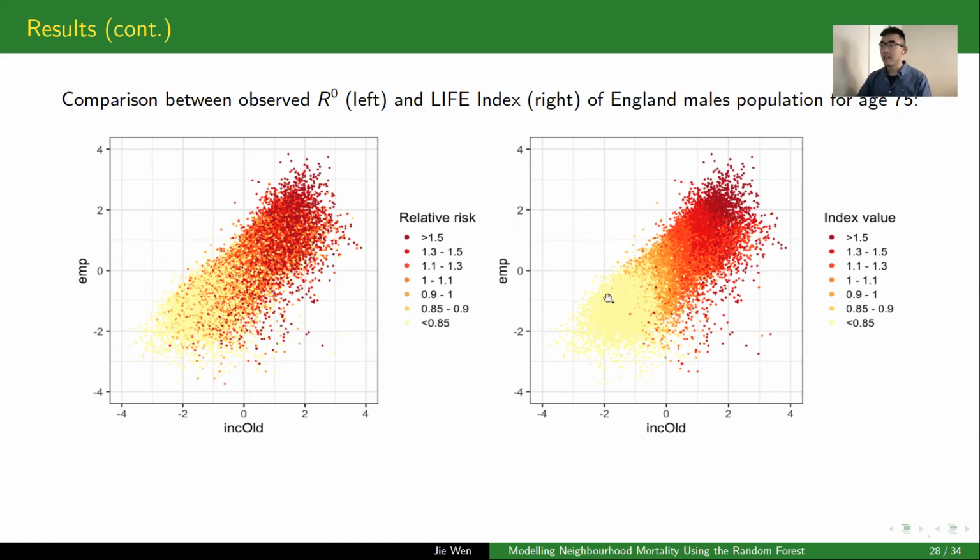We can see a clear colored pattern from the left bottom to the top right, an increasing trend of mortality risk for the population of age 75 in England.